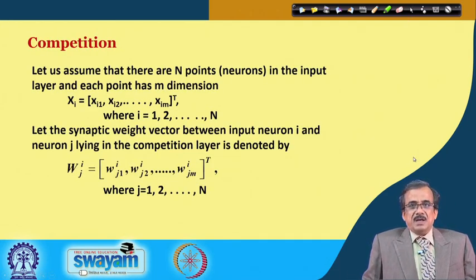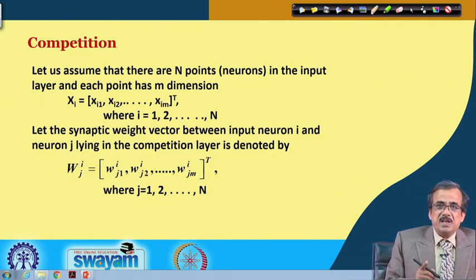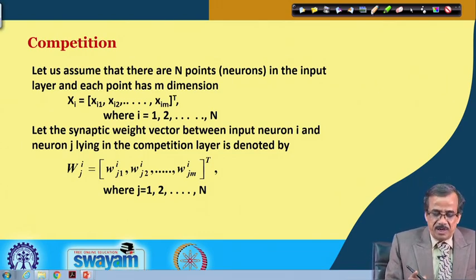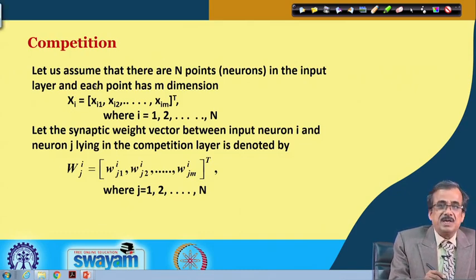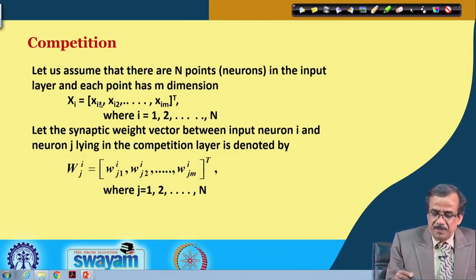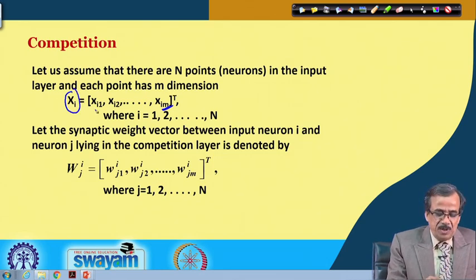Now, here as I told, we are going to map a particular data point, say the ith data point lying on the input layer. Supposing that I am considering an m dimensional point, to represent this x i, I will have to use x i1, x i2 up to x i m.